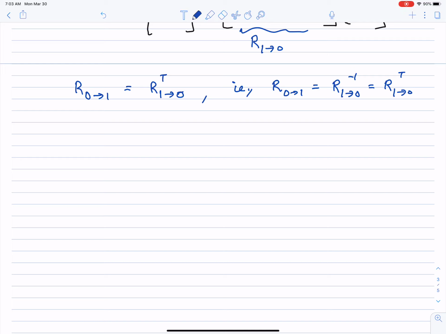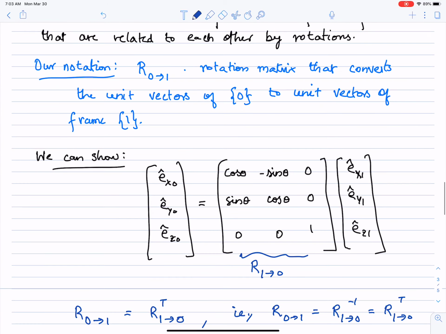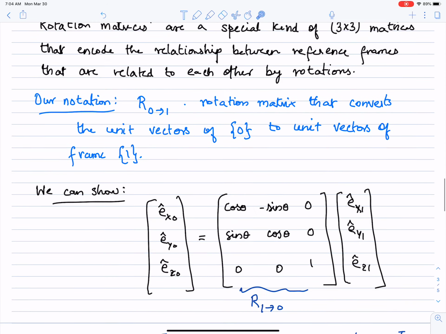Okay, so that's for a very simple elementary rotation that is a pure rotation about the z-axis.